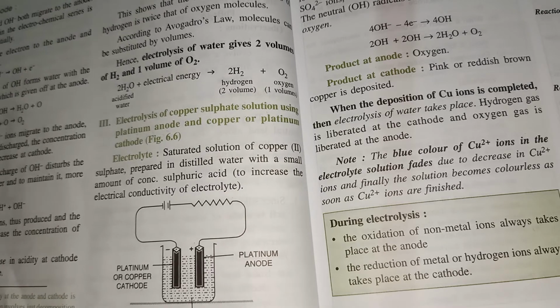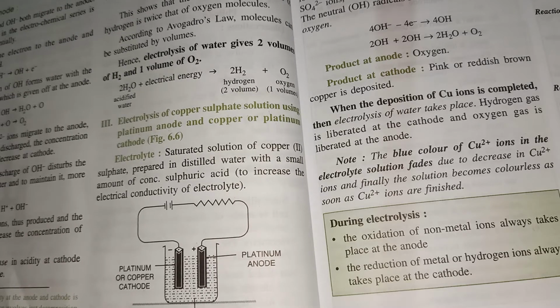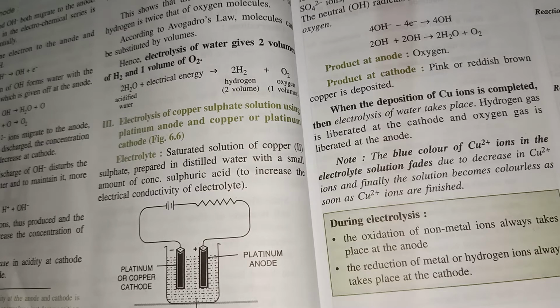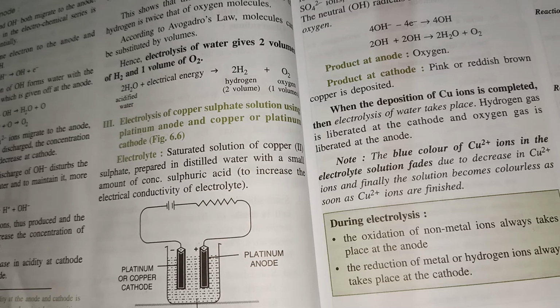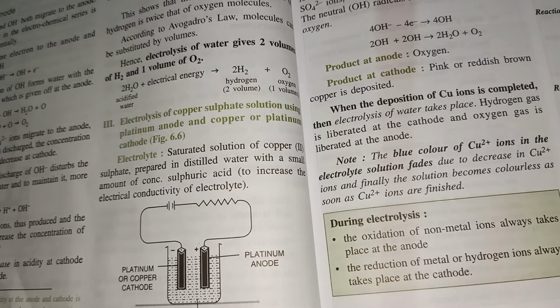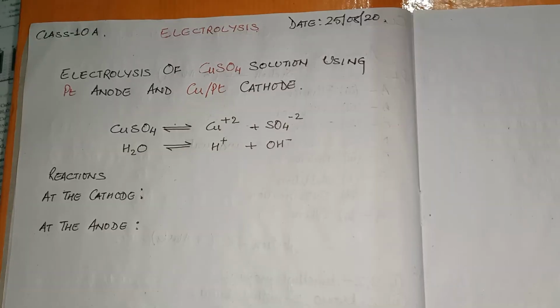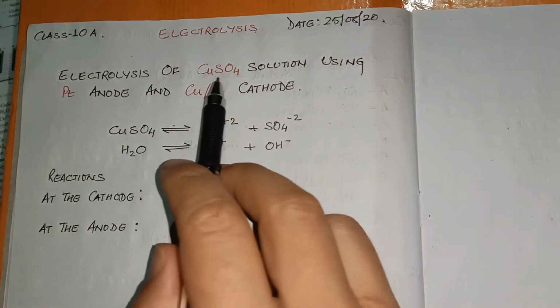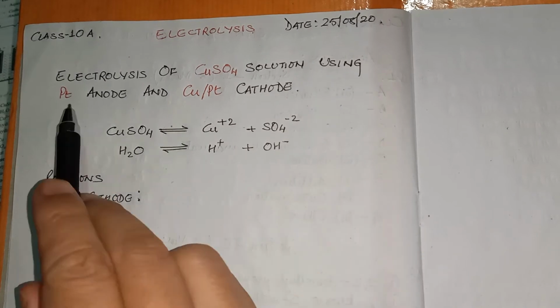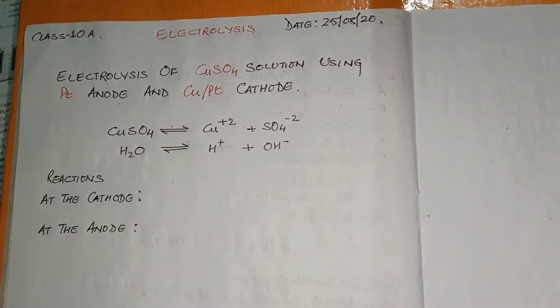Now let us see how the electrolysis takes place, what the different reactions are at the two electrodes, as well as the products formed at these respective electrodes. So, electrolysis of copper sulfate solution using platinum anode.